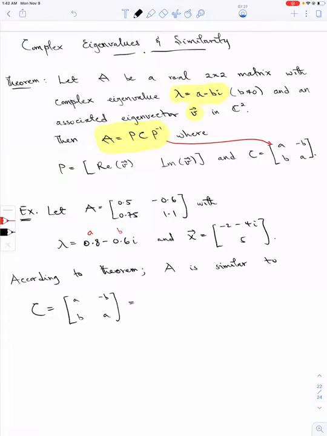Therefore, my C is going to be [0.8, -0.6; 0.6, 0.8].